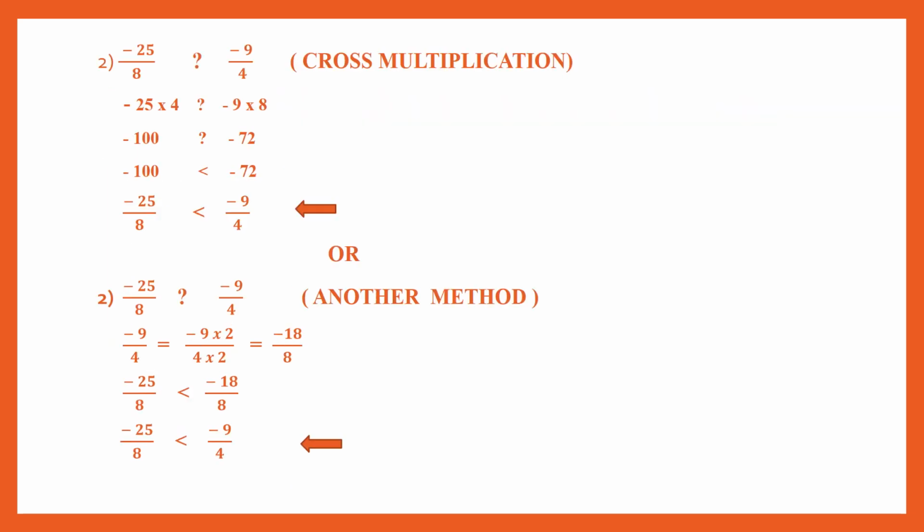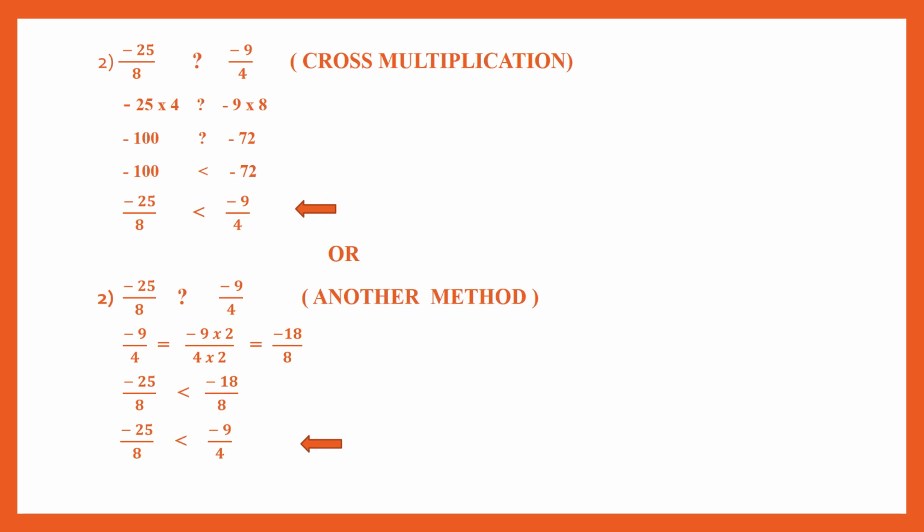Let's take another example. You have minus 25 upon 8 which has to be compared to minus 9 upon 4. We use the cross multiplication method first. Minus 25 into 4 has to be compared to minus 9 into 8. Minus 25 into 4 is minus 100, which has to be compared to minus 9 into 8, which is minus 72.